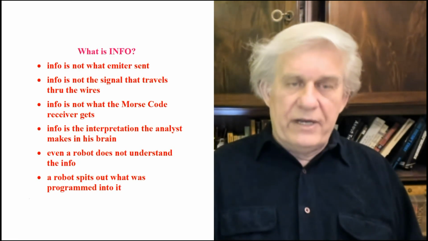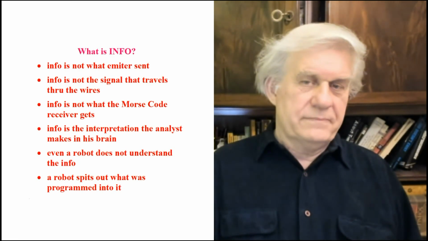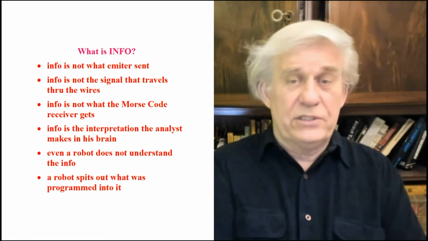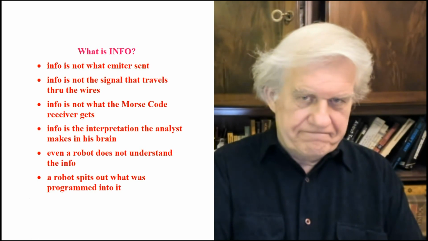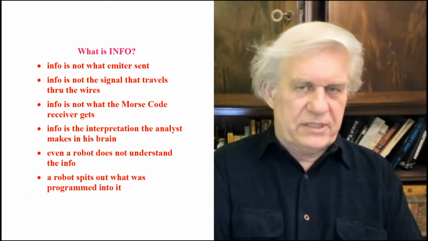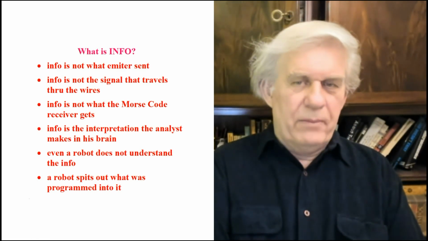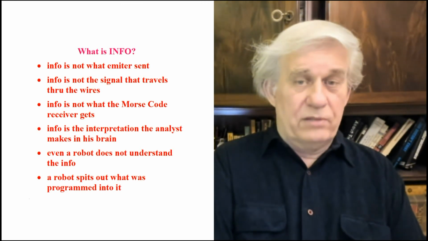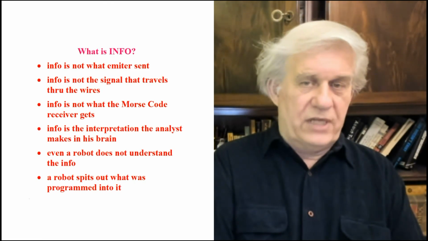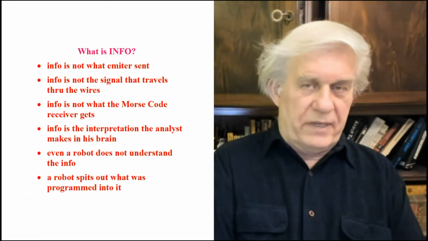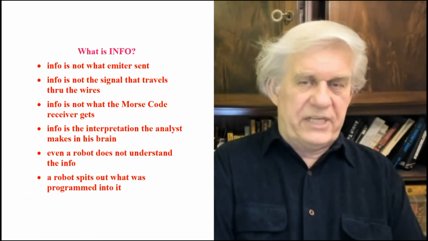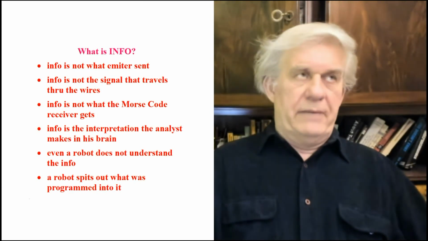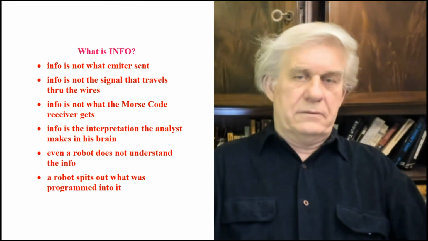Even a robot does not understand the information. The robot cannot tell you what light is, cannot infer or deduce, cannot give you an answer to that. A robot can only spit out what, garbage in, garbage out. If you program the robot to think of light as photons and to treat them as particles or whatever, then whatever signal the robot sees, it's going to come out and say, particles, particles.